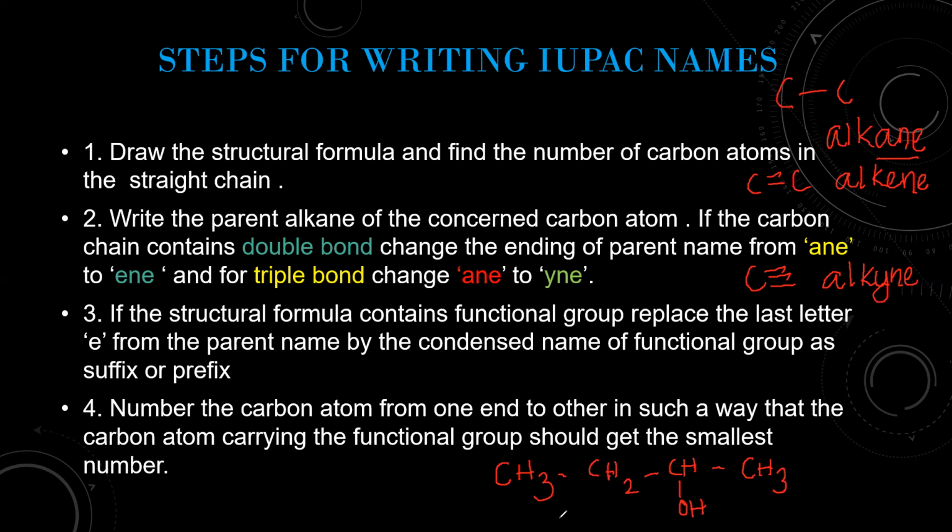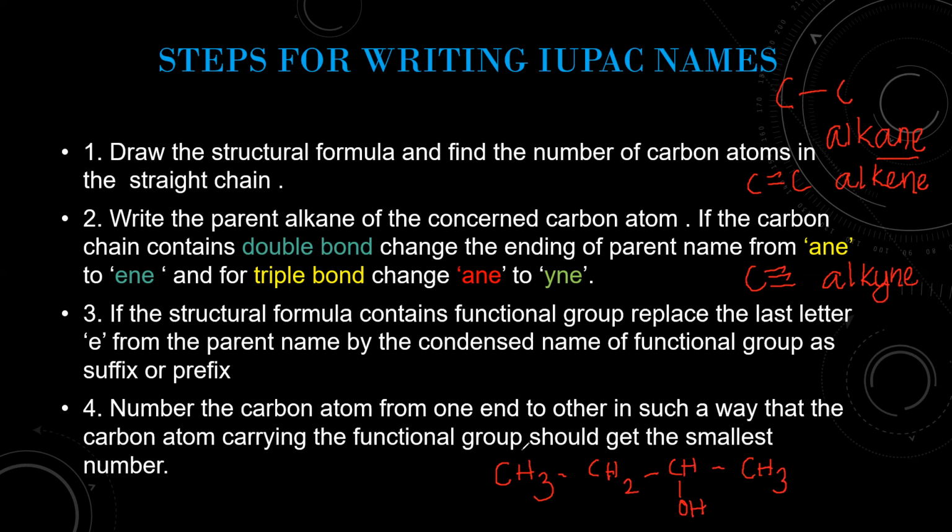We have to number the carbon atoms. Here the functional group present is OH, and 1, 2, 3, 4 carbon atoms are present. We have to number the carbon atoms from one end to the other.